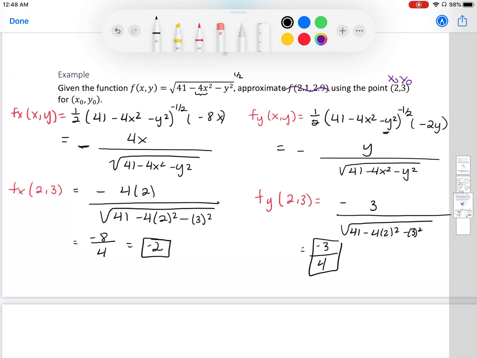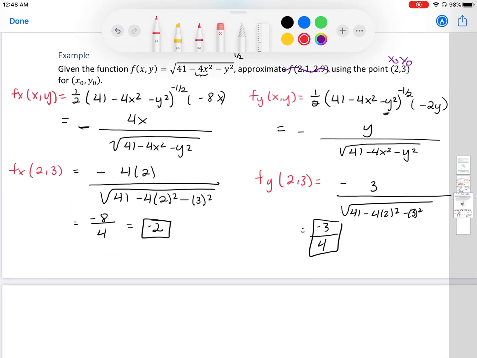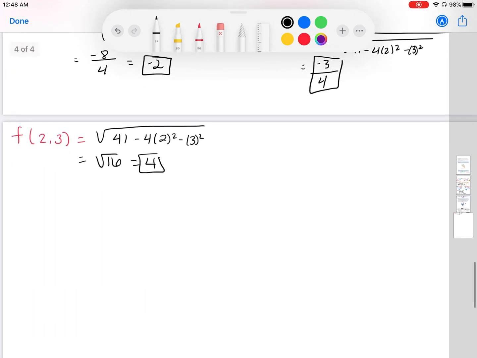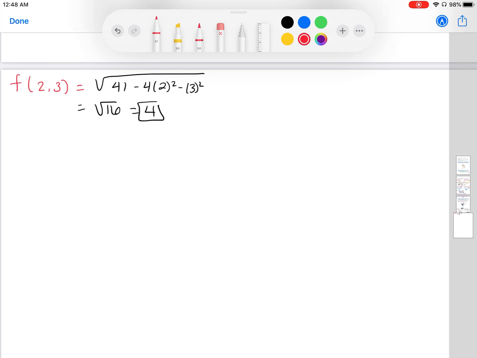Now let's evaluate our function at that point. I have the square root of 41 minus 4 times 2 squared minus 3 squared. We get the square root of 16, which is just 4. Let's go ahead and find the equation of our plane.